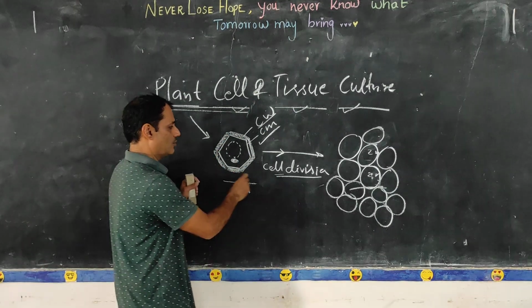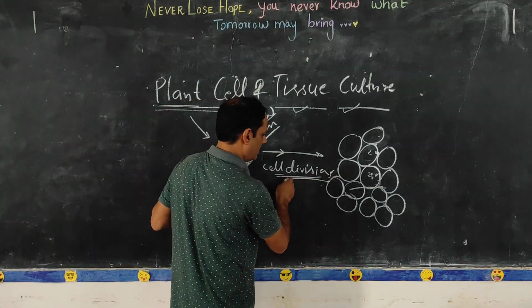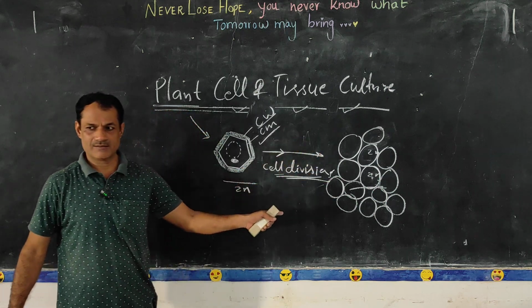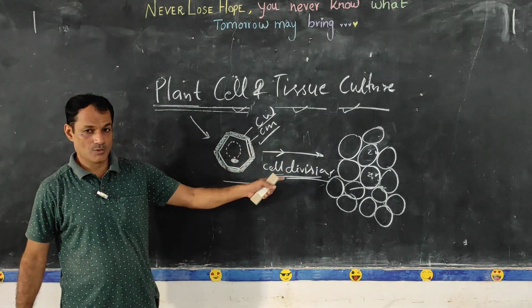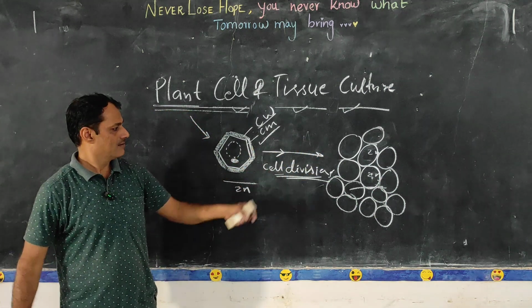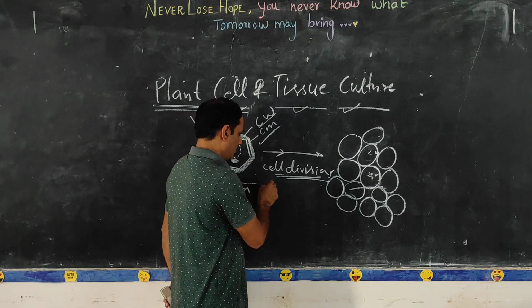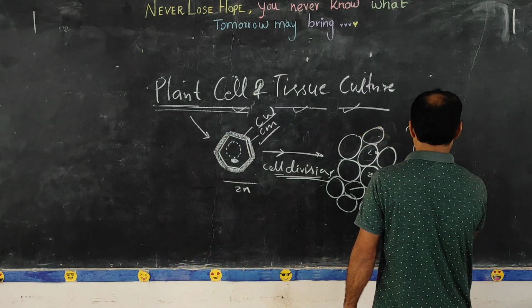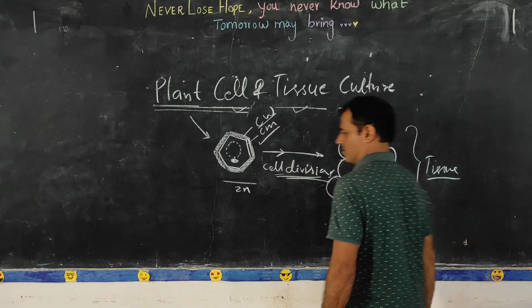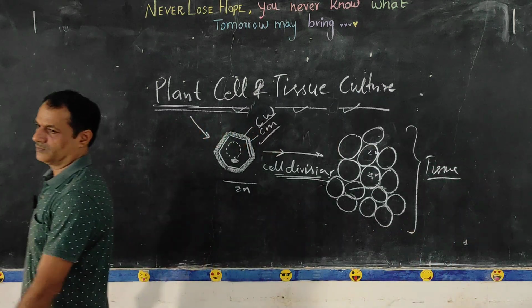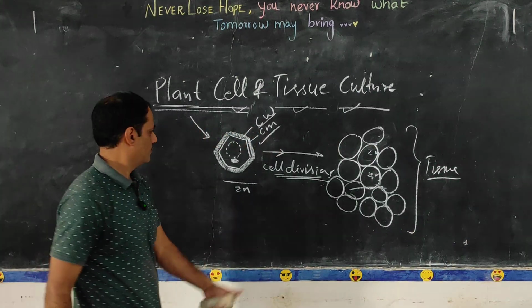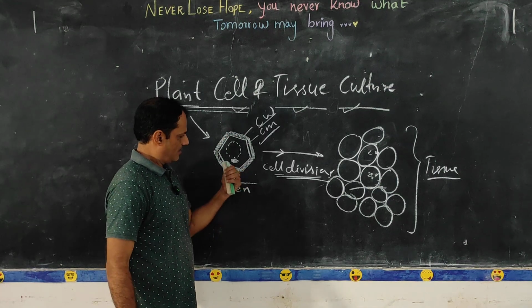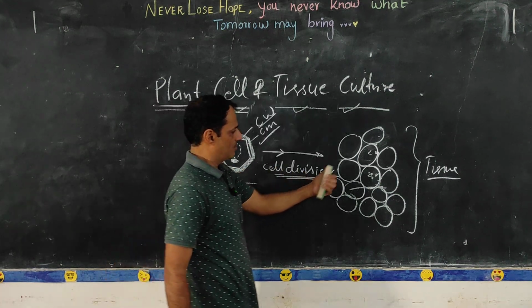This single cell undergoes many cell divisions and forms a group of cells. Then this group of cells is called a tissue. So, with a single cell and many cell divisions we got a group of cells.